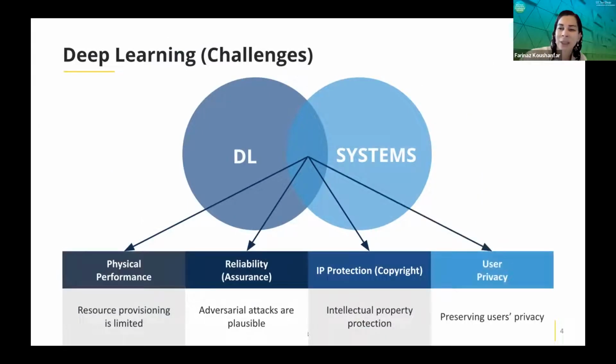Last but not least, there are a lot of issues with these huge amounts of data in terms of user privacy. It turns out that the models are trained based on the data, and it's possible to get individual data from a trained model. It's also possible that when you give your data to a cloud server, you're exposing your data.